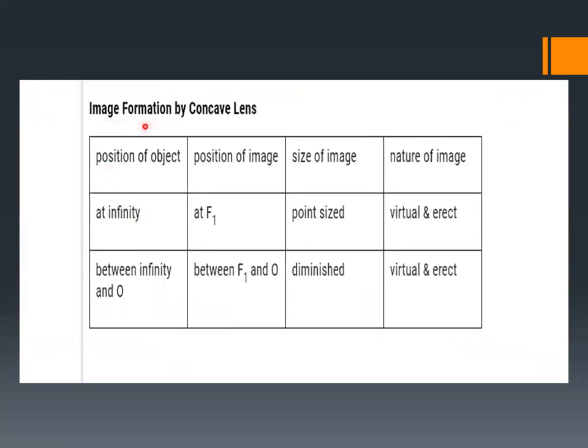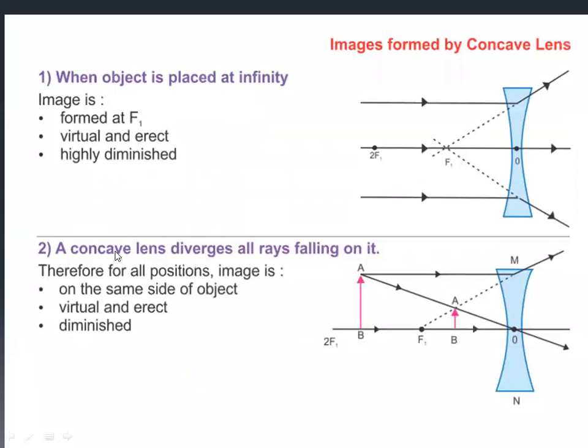Next, the image formation by concave lenses is given as a tabulation. In that tabulation, the position of the object has two positions: at infinity, and between infinity and optical center. As we have discussed, when the object is kept at infinity, the image is formed at F1, and it is virtual and erect.